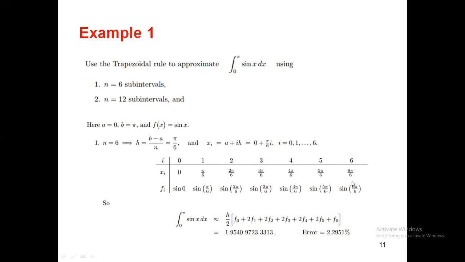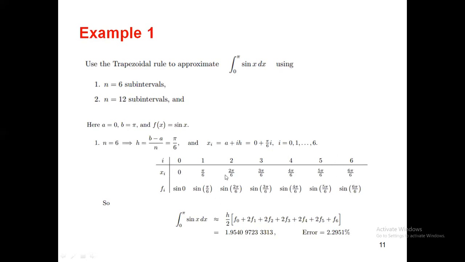That would be 6 pi over 6, and that is pi. So they really coincide, because on your last subinterval, which is the 6, you have the upper limit already reached, which is pi. The last increment should give you the upper limit of your integral.